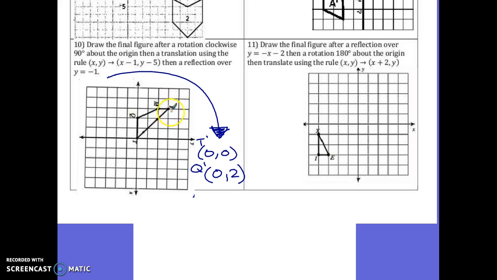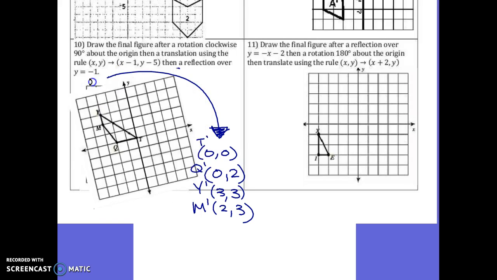I've got point Y, and that's over 1, 2, 3, up 1, 2, 3, so 3, 3. And then point M is over 1, 2, up 1, 2, 3, so 2, 3. These are the points I need to graph after I turn my paper back straight.